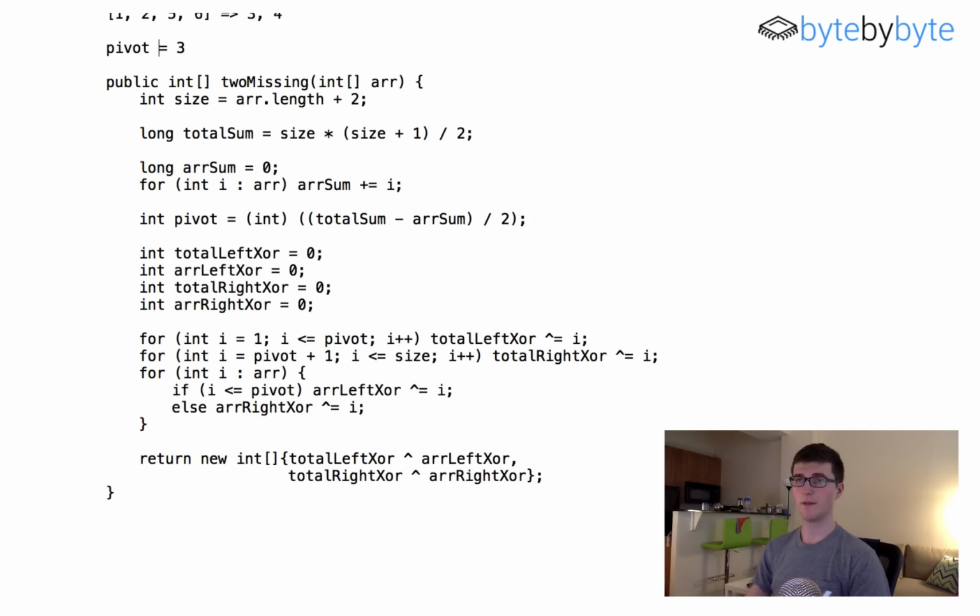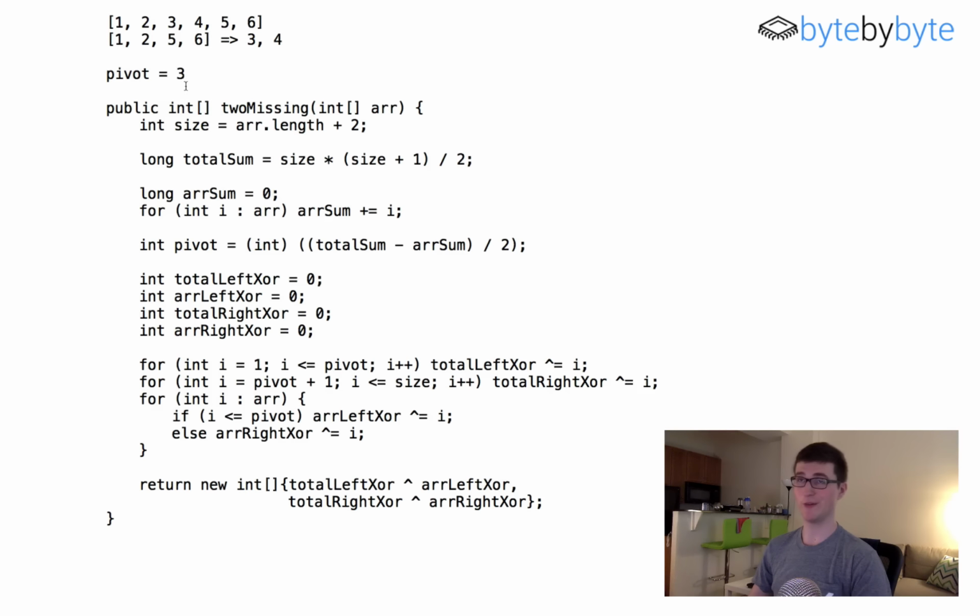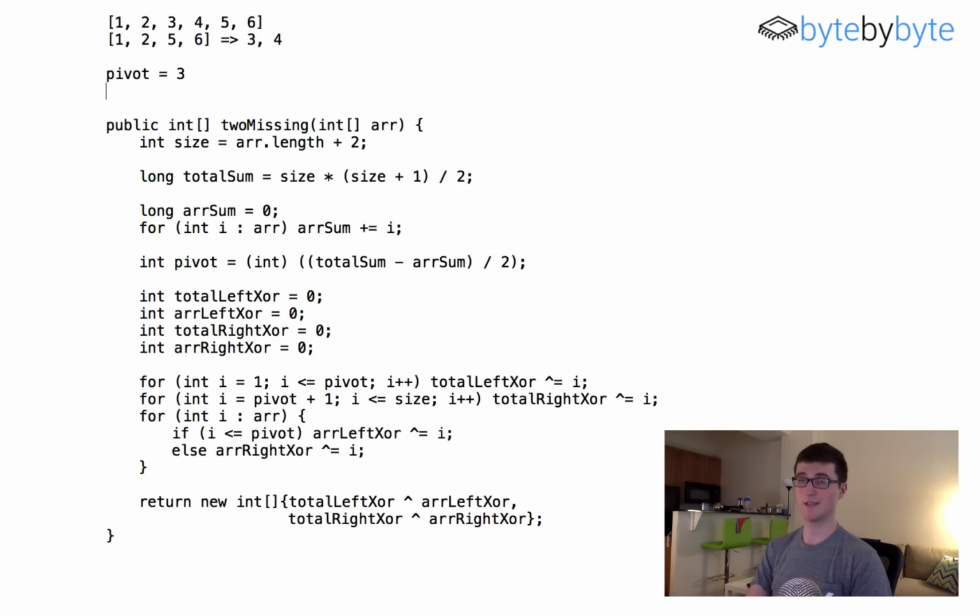I'm actually not going to try and compute all these XORs in my head, because that is going to be a pain. So I'm just going to write them out so that we can then cancel things. So the total left XOR is going to be equal to the XOR from 1 to pivot, and pivot is 3, so it's 1 XOR 2 XOR 3.